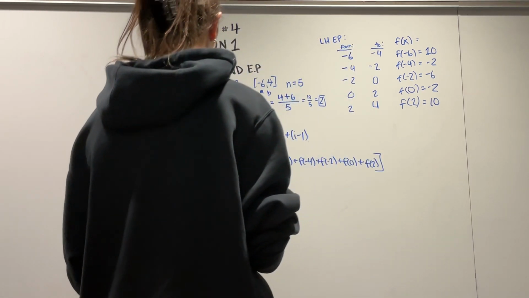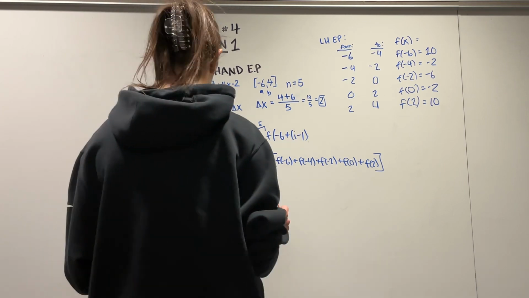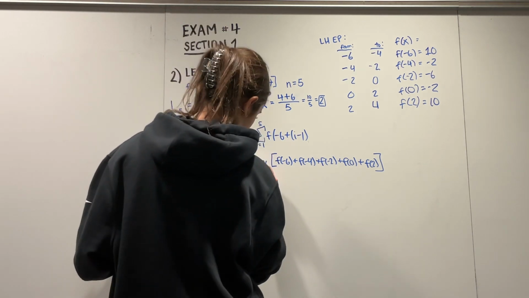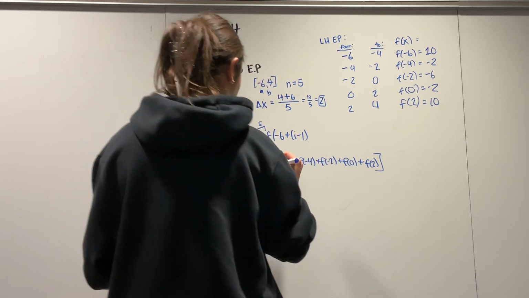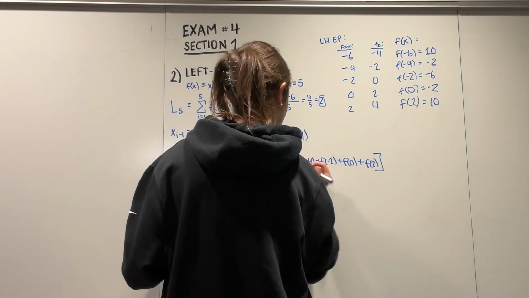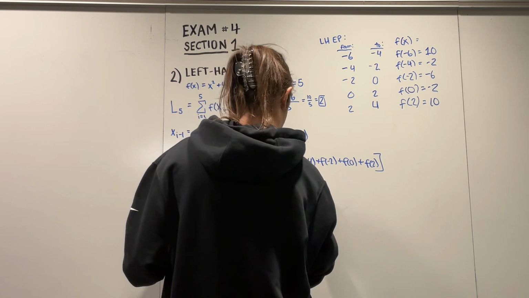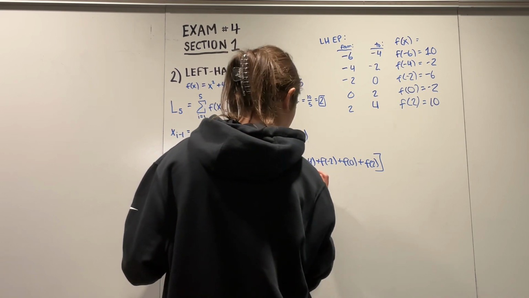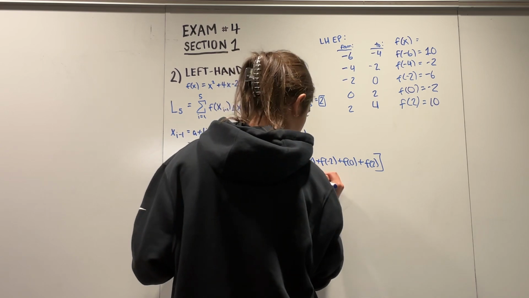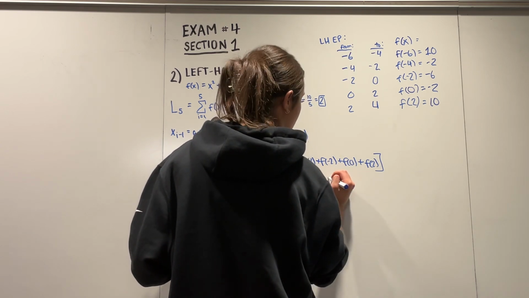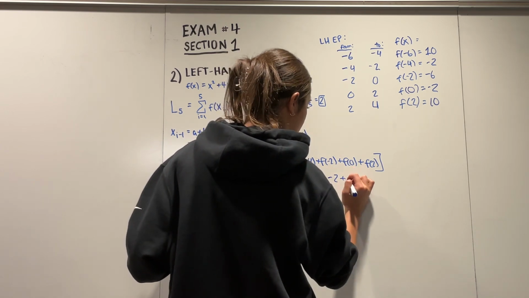And since we calculated everything already, all we have to do is put in the numbers. So you know that delta x is 2, and then f of -6, it's going to be 10 plus -2 plus -6 plus -2 plus 10.